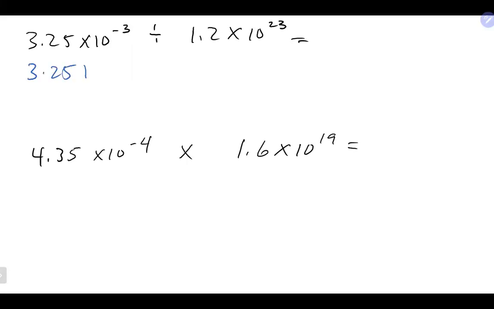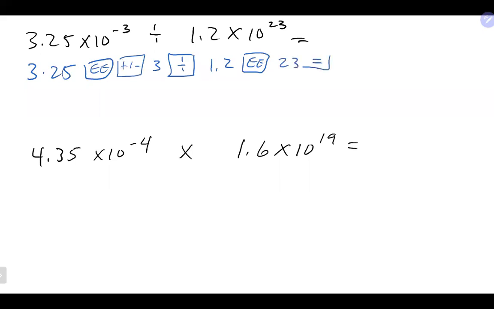3.25, I would hit my exponent button. I would hit my negative button and 3, then hit my divide button, 1.2, and do an exponent button on this guy. It's a positive exponent, so I could just put 23, then hit equals. And if I do all that right, we get some number.